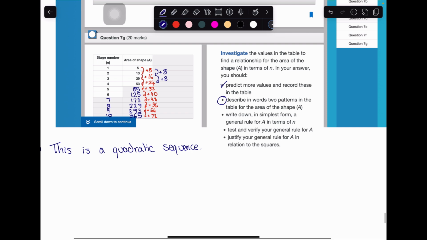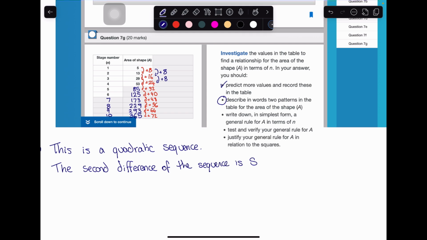The next thing I could say is the second difference of the sequence is 8. That's 2 patterns. All right, so we can tick that off. We've done that one. Write down in simplest form a general rule for A in terms of n.